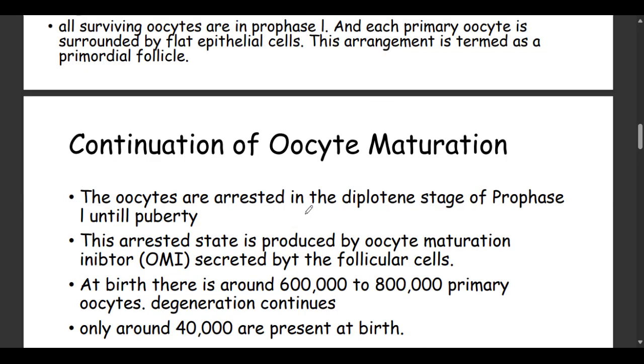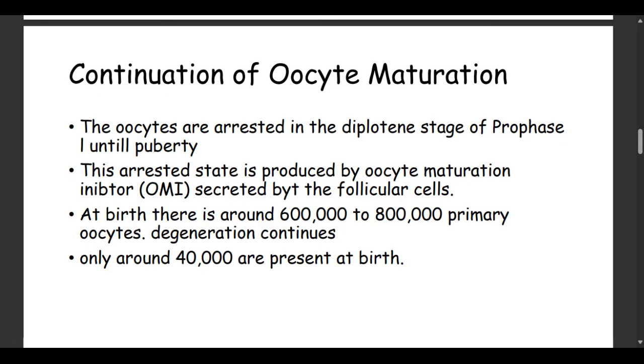All right, so now we have reached puberty, and now we want to continue. This lady was born around 12 years ago, but now she has reached the ovulation period, which is 12 and beyond. So we have to continue this maturation of the oocytes. We have to unpause it from the prophase 1 of meiosis 1.